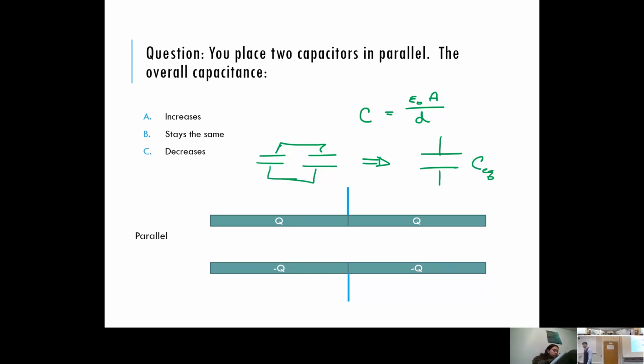Just add the two together. It's almost like you took the areas and added them together. You put two capacitors next to each other, you increase the area, by the sum of the two areas. So if I call these C1 and C2, the equivalent capacitance will simply be the sum of the individual capacitors.